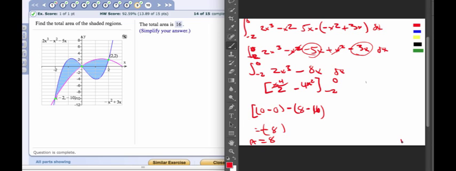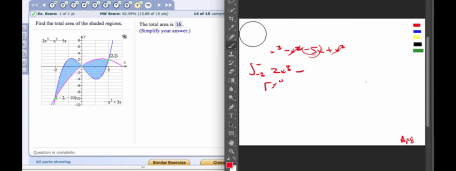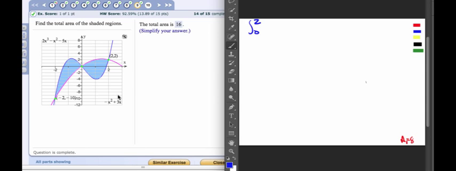So area equals 8 for region 1, so area 1 equals 8, and now we can find the area of region 2, which is from 0 to 2 of this function minus this function, which is -x squared plus 3x minus the quantity of the function 2x cubed minus x squared minus 5x dx.